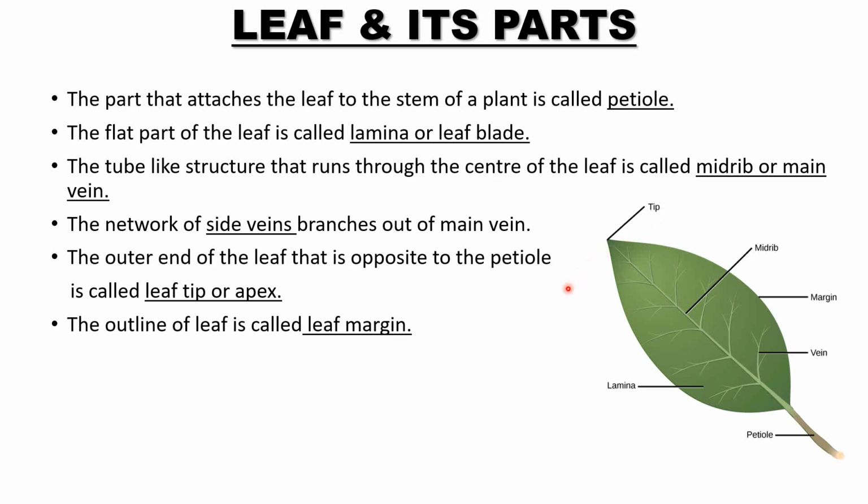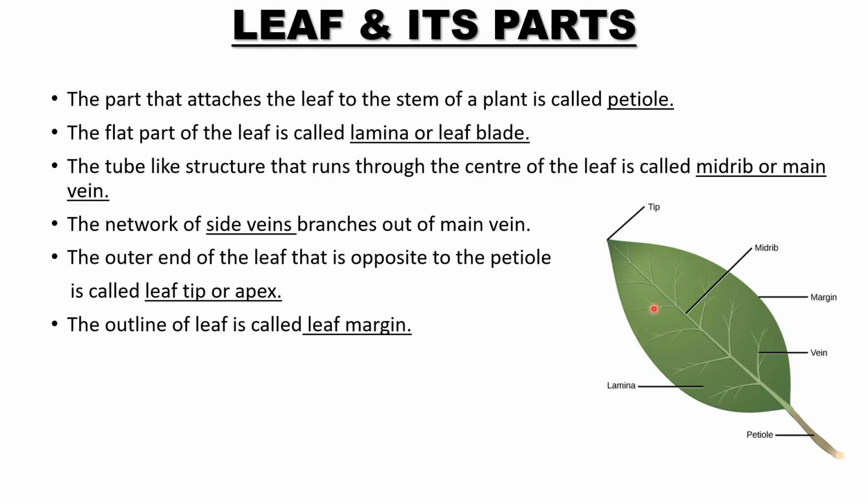So now all the parts are clear to you all. So let's have a quick recap. First is the petiole, which attaches the leaf to the stem or branch of the plant. It is a small stalk-like structure. Then comes this whole flat body surface, which is the green part, you can see, the lamina.